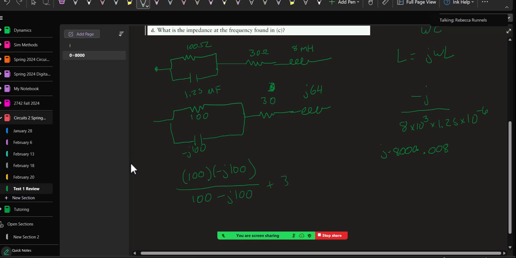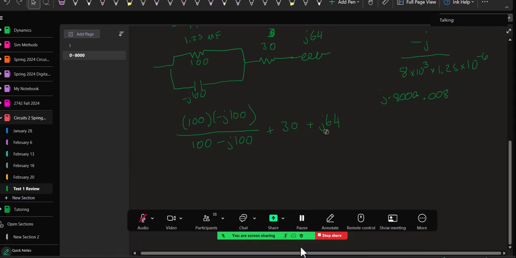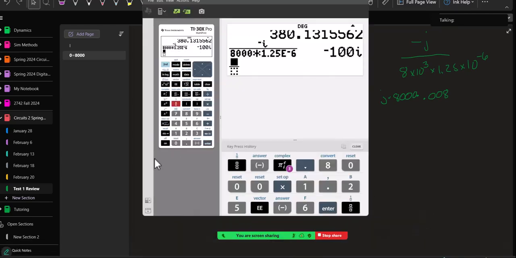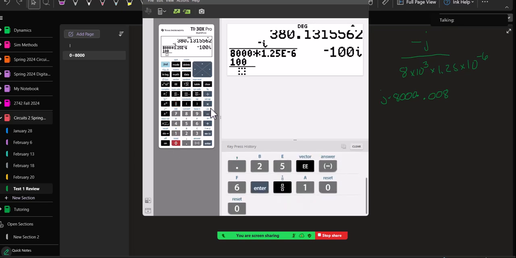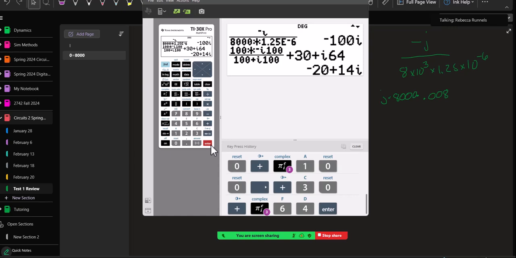And then in series, I will just add these, plus 30 plus J64, and negative 20 plus J14.